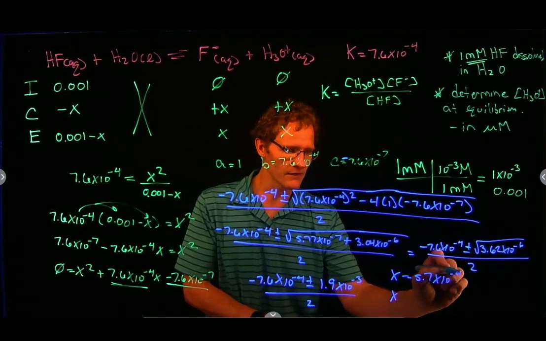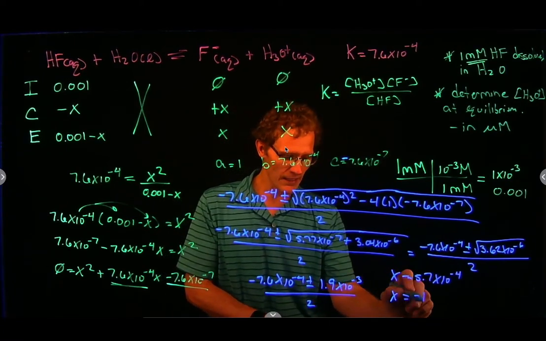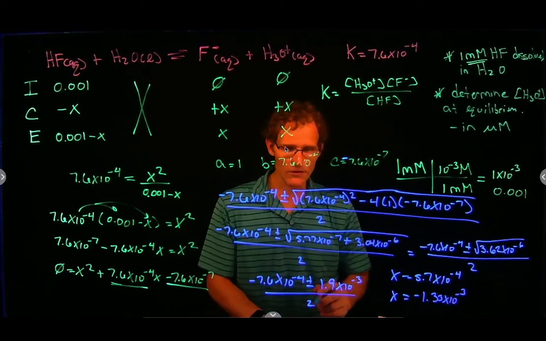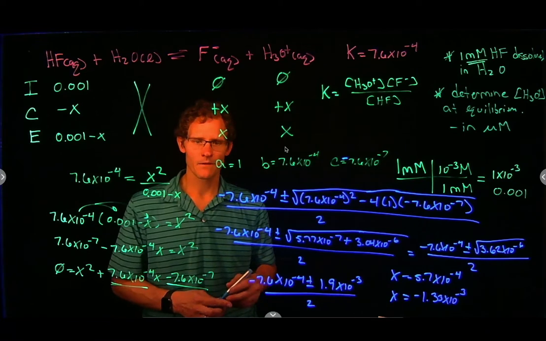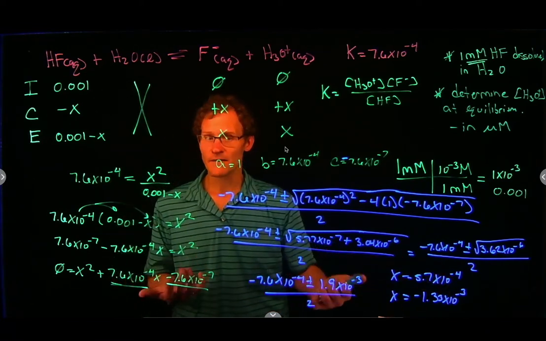5.7 times 10 to the minus fourth. That's if you use the plus. Negative 1.33 times 10 to the minus third, and that's if you use the minus form of it. Okay? As we saw in the last video, only one of these values is going to be physically possible.